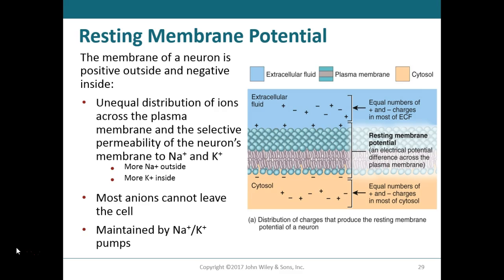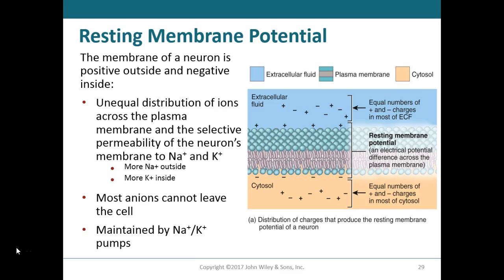So this membrane potential is sort of like the voltage stored in a battery. So if you connect the positive and the negative terminals of a battery with a piece of wire, electrons flow along the wire. So this flow of charged particles is called a current. In living cells in the human body, this flow of ions rather than electrons is what constitutes the electrical current. So the resting membrane potential is established in cells because of a difference in charge on either side of that membrane.